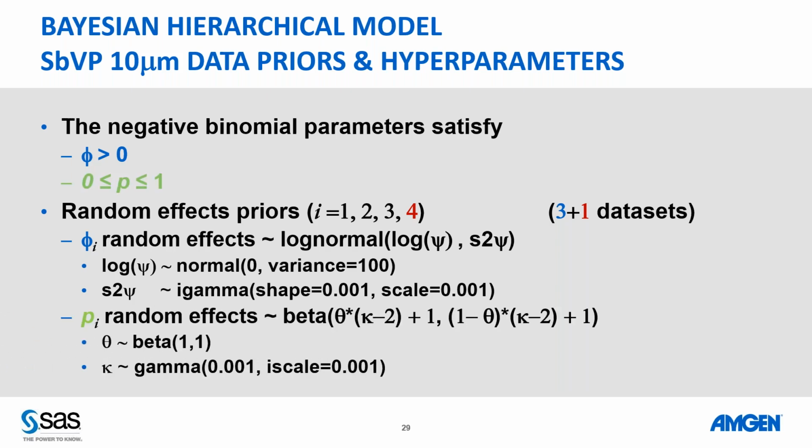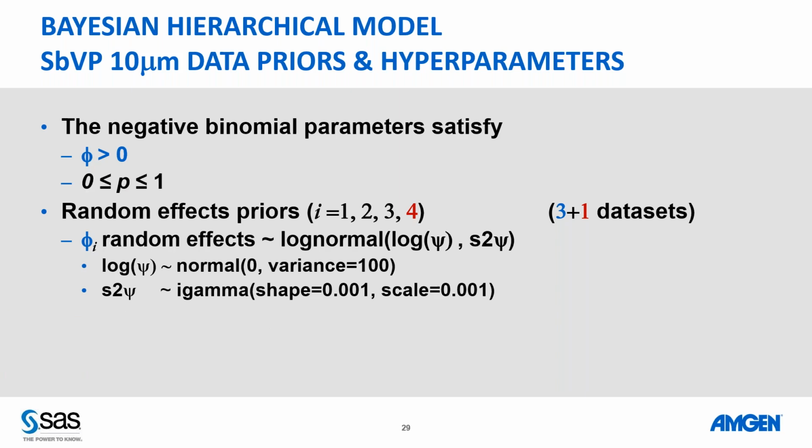I want to add a quick comment here. Typically, if you have, say, 4 random effects and you specify a prior distribution on them, you can just say that your random effects are log normal centered at 0 with a certain amount of variability, sigma squared phi, and you can pick a value, say 20. Most people don't feel comfortable doing that, because the fixed value of the 0 and the 20 for the variance of the log prior controls the amount of similarity, the information borrowing, across different random effects.